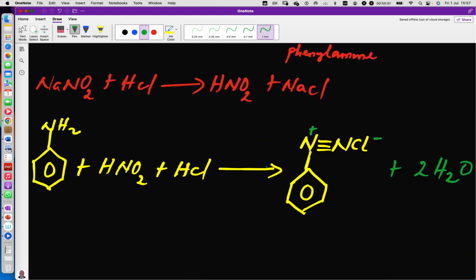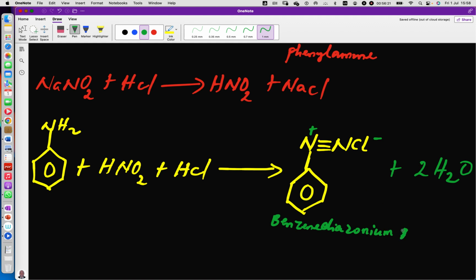We call this a benzene diazonium salt. Check there; if it is not there, you tell me.